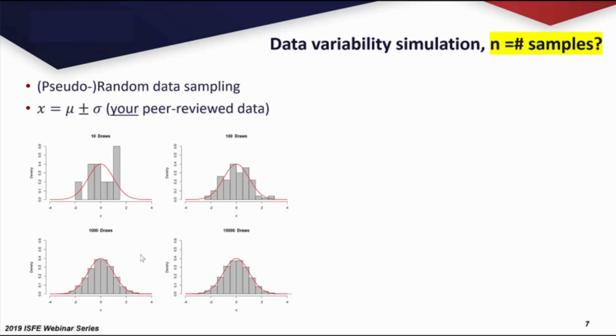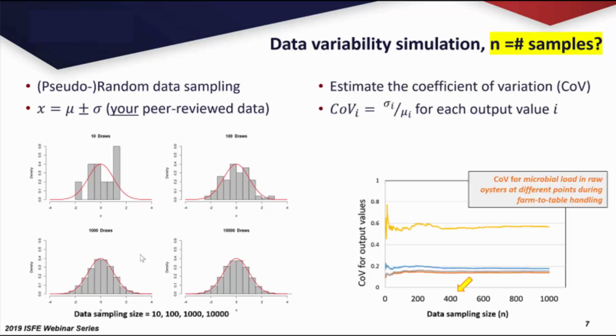Now, this is not very quantitative, just a descriptive way of saying that 1,000 is good enough. But if you want a more rigorous determination of that number, you can estimate the coefficient of variation of the output data you are interested in. Let's say you want to know the microbial load of a certain pathogen in your final product.